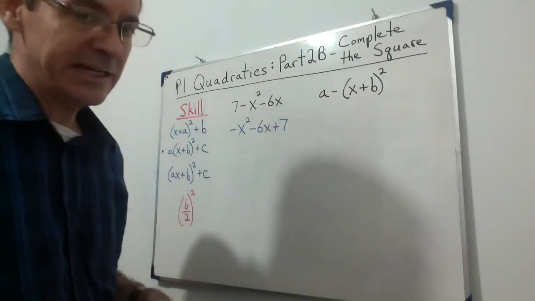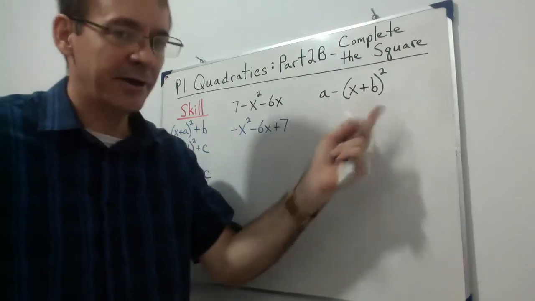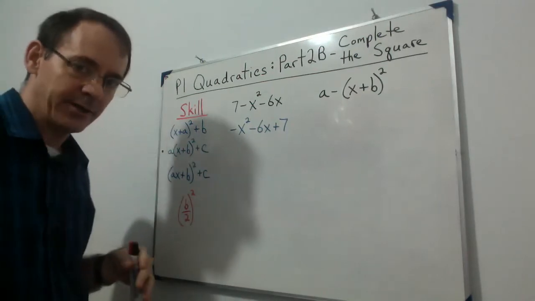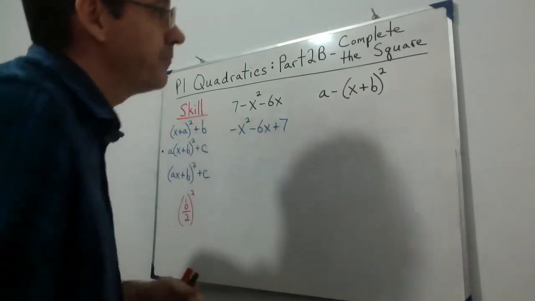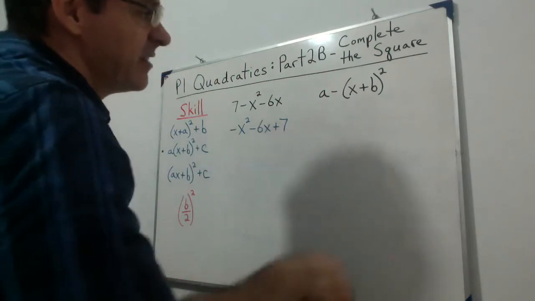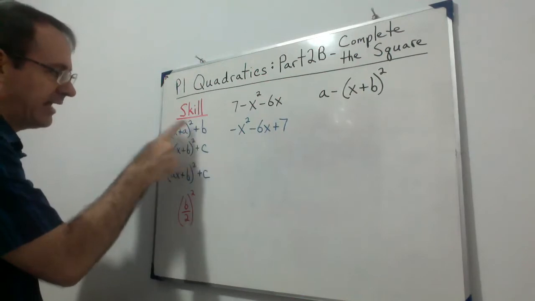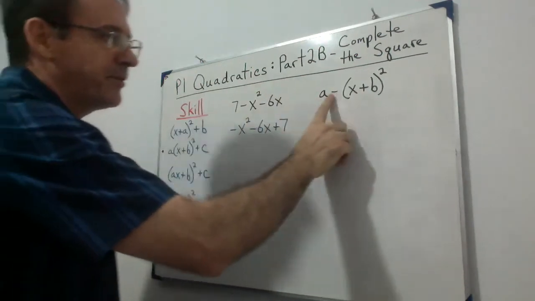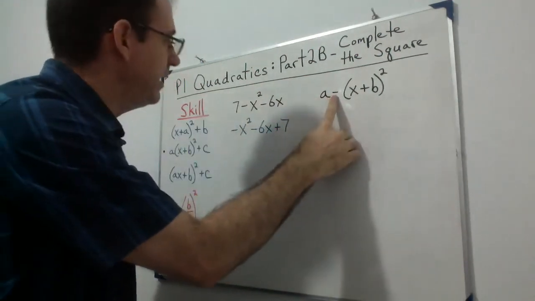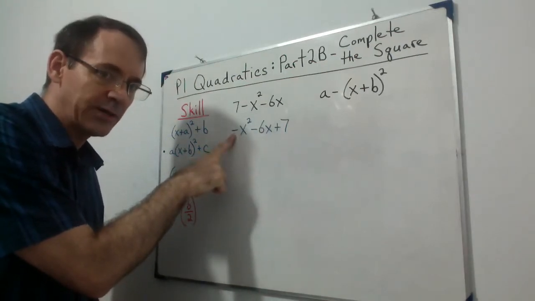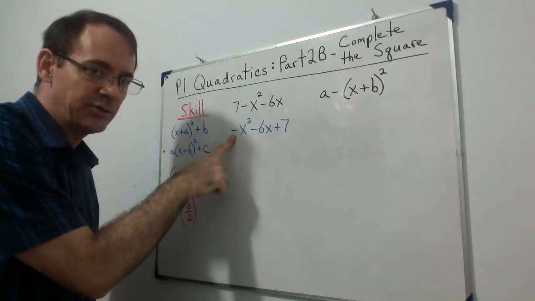The second thing I observe is their pattern is not exactly like the general pattern. So when I look at it, I see that there are two variables. It almost looks like this one, except there's a negative in front, meaning our lead coefficient is not a positive one. We want a positive one lead coefficient.